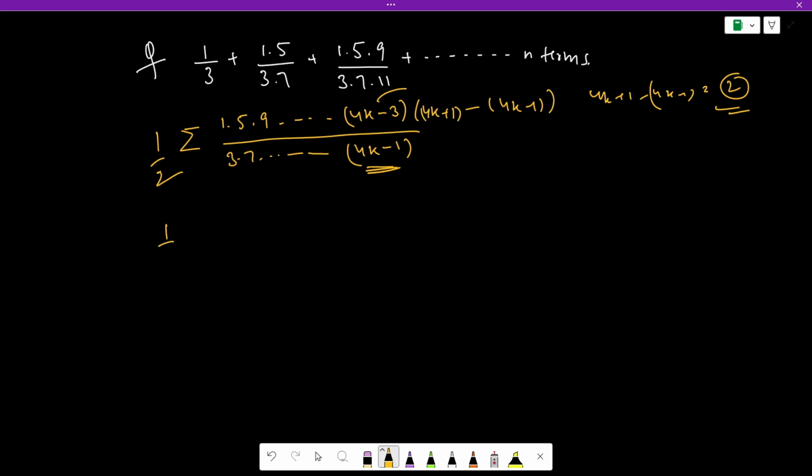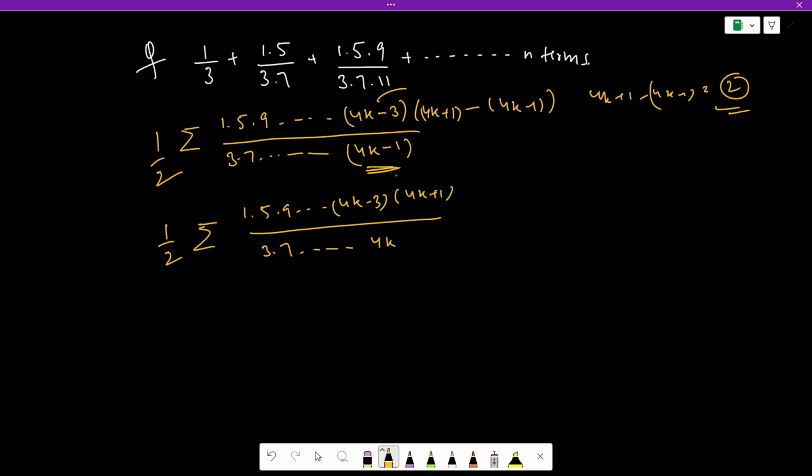Now we will separate them: 1 by 2 summation 1 5 9 so on till 4k minus 3 into 4k plus 1, divided by 3 7 so on till 4k.